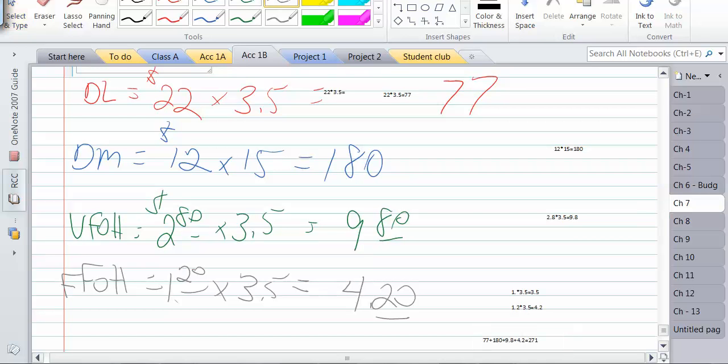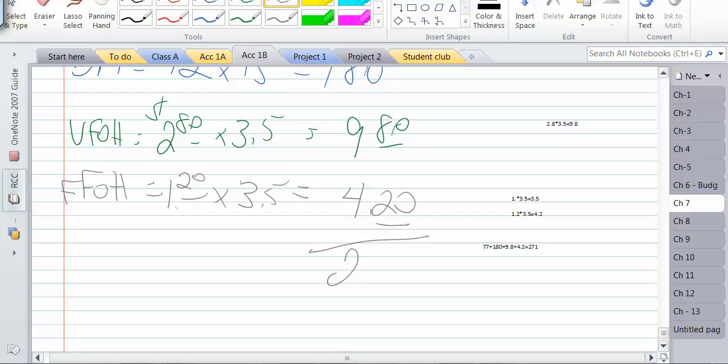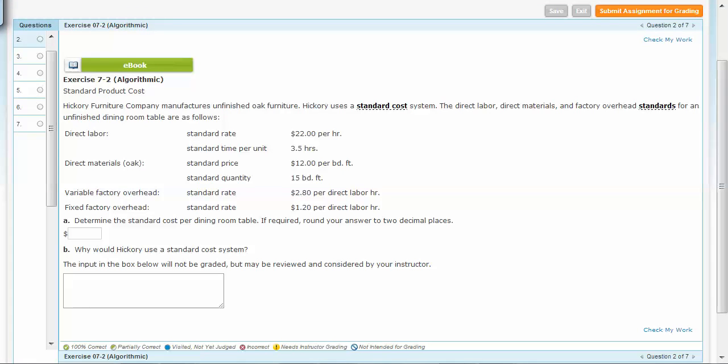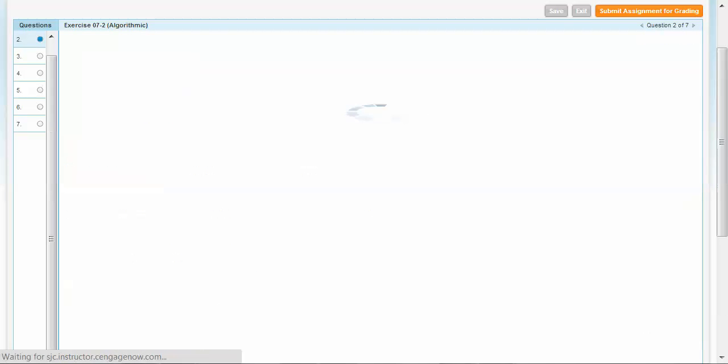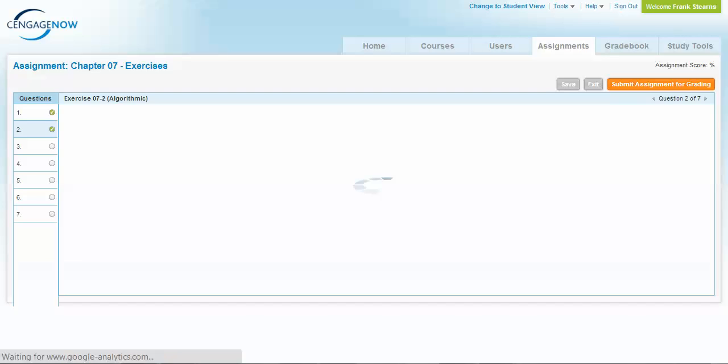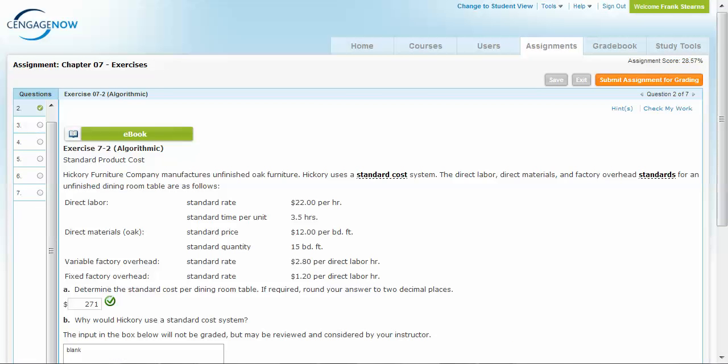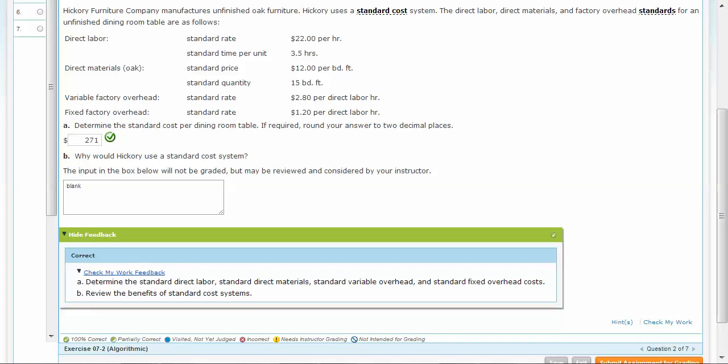And it looks like the total is going to be $271. Go over here, we'll plug it in, check my work. And we did good there.